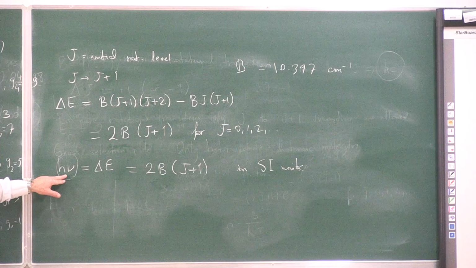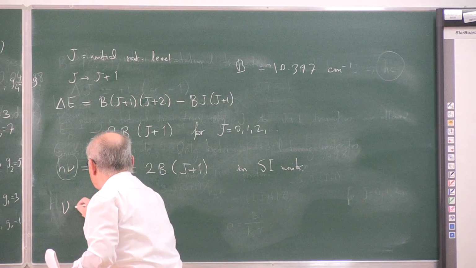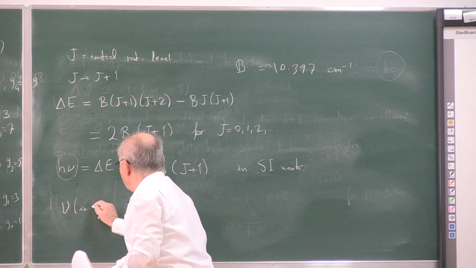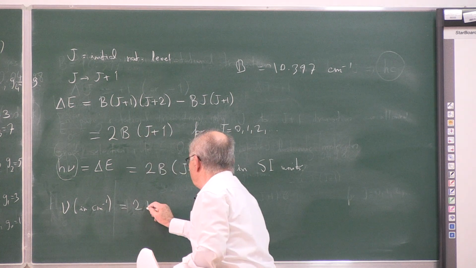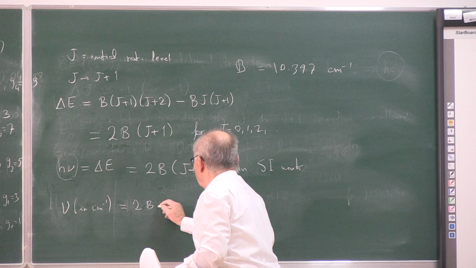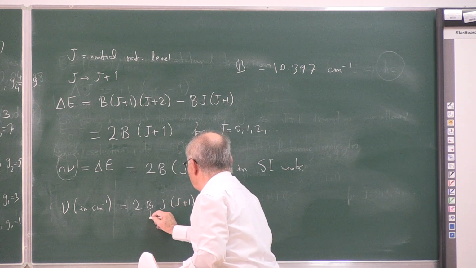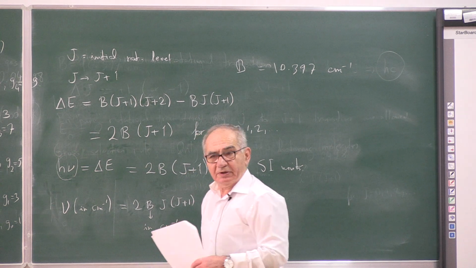You divide by hc. So we can write frequency in wave number unit is 2 times B times J plus 1, and B is in wave number unit.